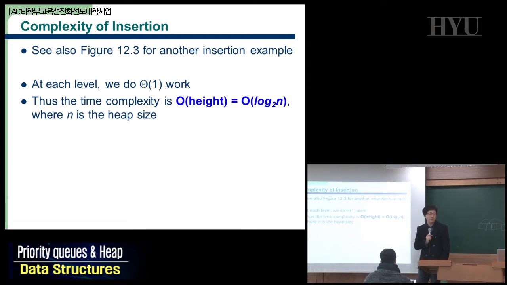Will it be so different from a deletion operation? Deletion is similar, right? If I delete something, the bottom one should be switching around to find the next element for that spot. That will also be an order of height operation.